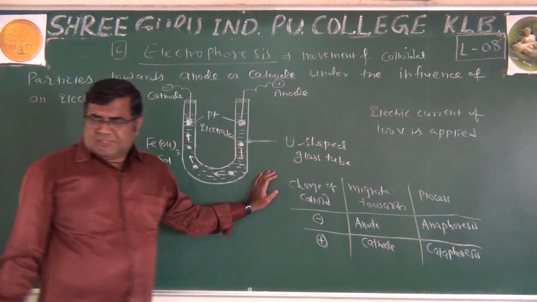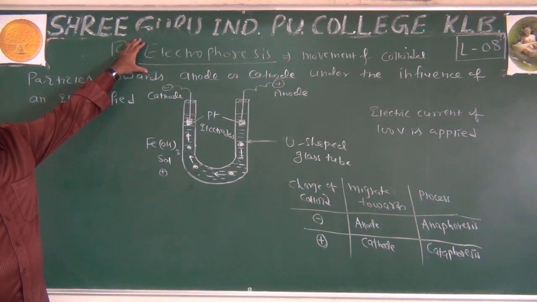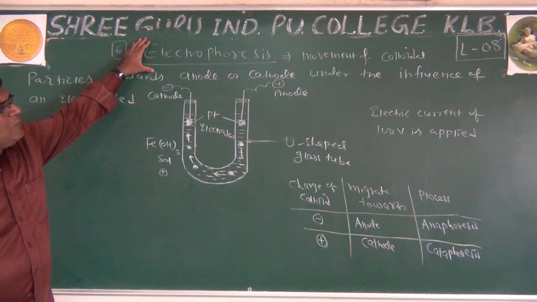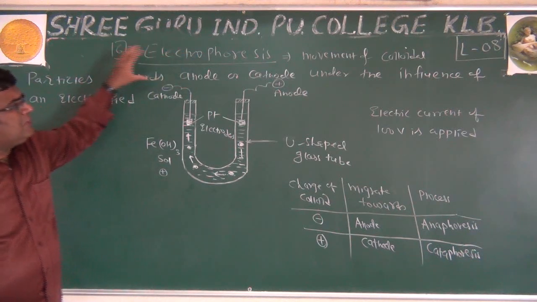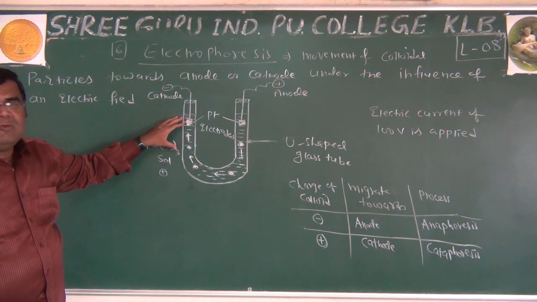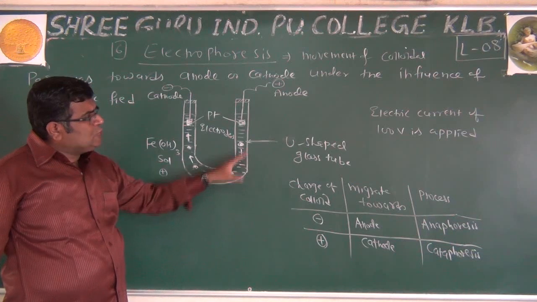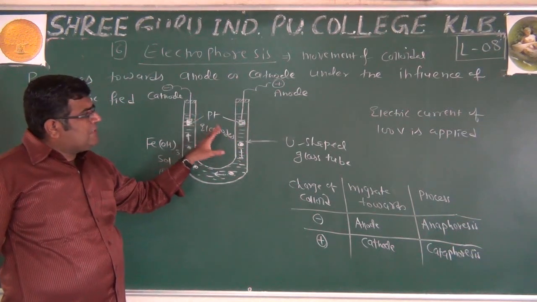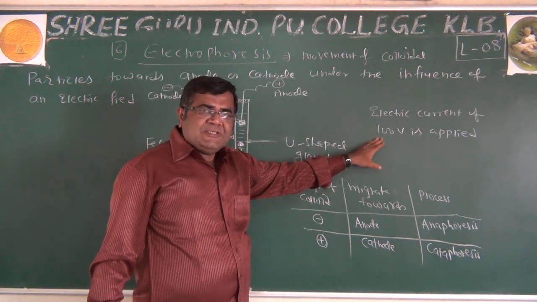Yes, so a question will be asked for 2 marks. What is electrophoresis? Explain the process. Electrophoresis is a movement of colloidal particles towards anode or cathode under the influence of electric field. Colloidal solution whose charge is to be determined is taken in a U-shaped glass tube. Platinum electrodes are immersed. Electric current of 100 volt is applied.